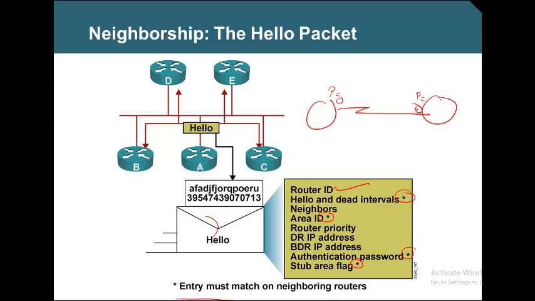But in a LAN network, there are many routers. So we choose one. We means OSPF picks one DR based on the priority. In a WAN link, there is no DR BDR election, so there is no need for priority. That's why the default priority is 0.